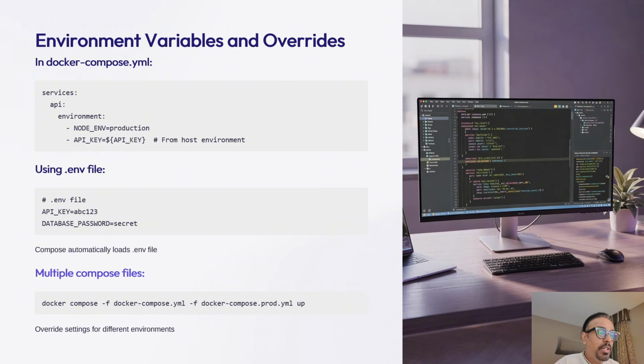For different environments like development, staging, and production, you can use multiple compose files. The base compose.yaml file contains common configuration. Then you can create other files. Right now I have just created the docker-compose.yaml file, but based on your environment, suppose I am running on a development environment, I would say docker-compose-dev.yaml.